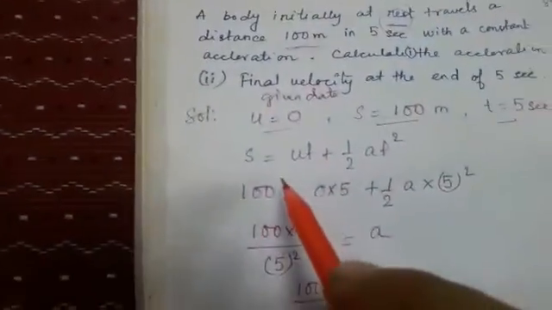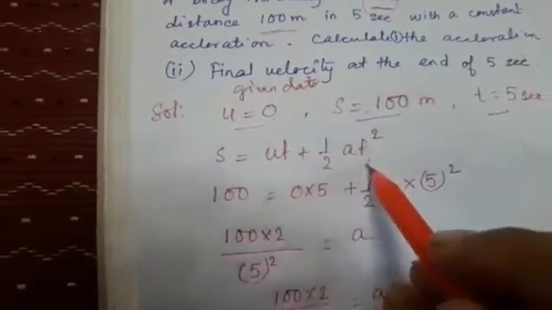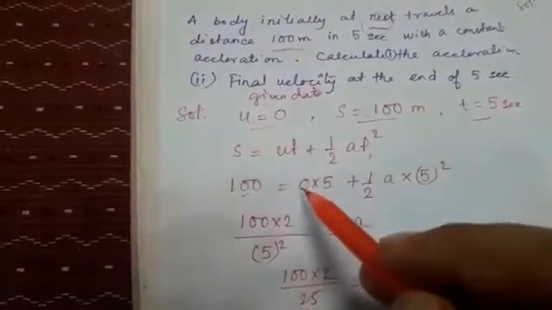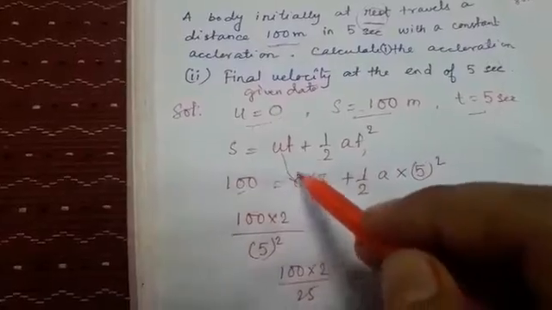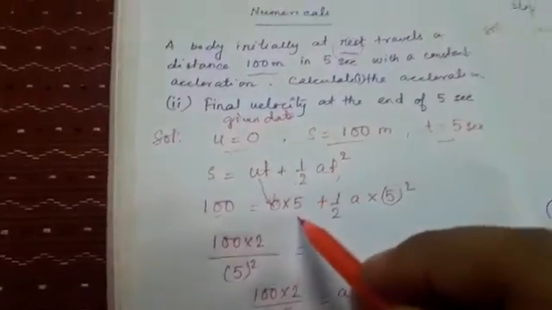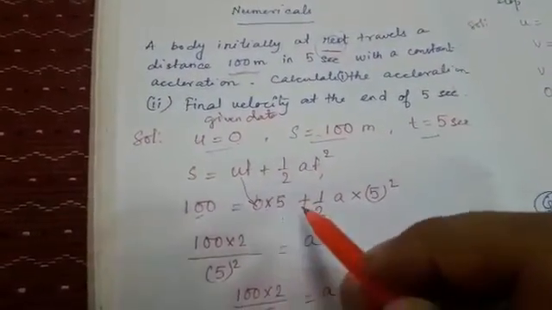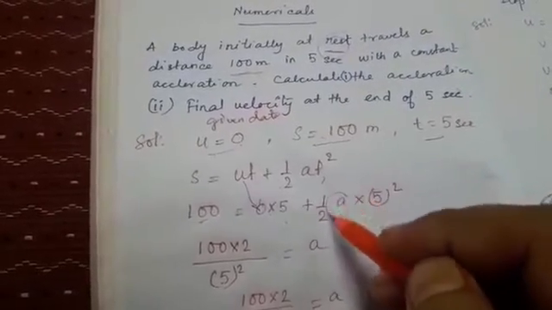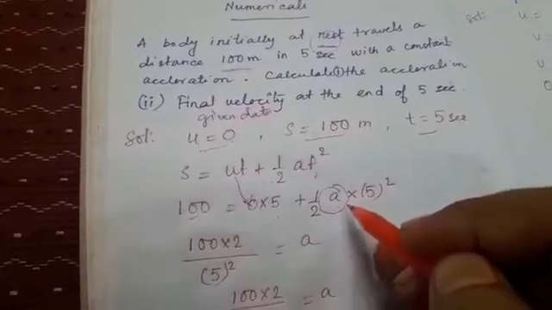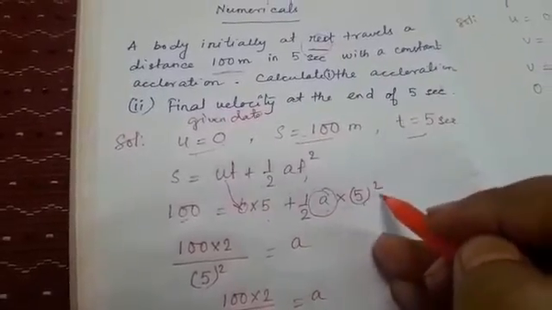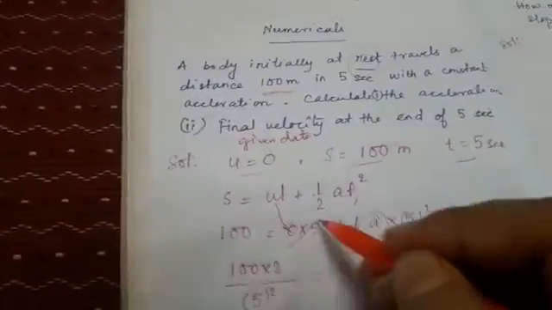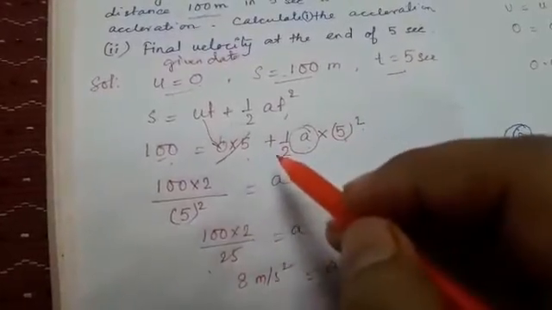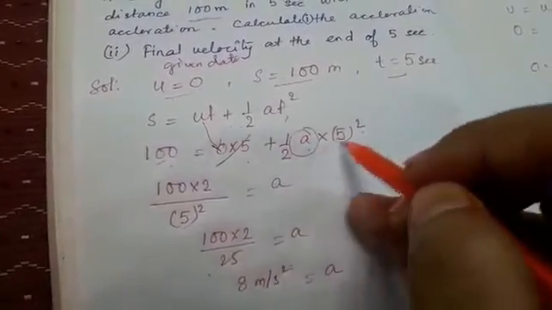So what is the formula saying? s = ut + (1/2)at². Now see, s = 100, it is given in the question. Now u is 0 because the body is at rest. Time taken is 5 seconds, that is 5, plus half into a, we are going to calculate a, the acceleration, into t², that is 5². Now this term will get cancelled, so you are left with 100 = (1/2)a × 5².